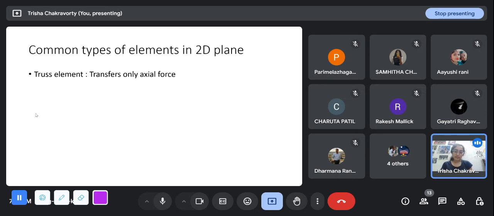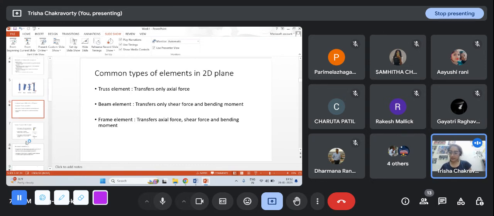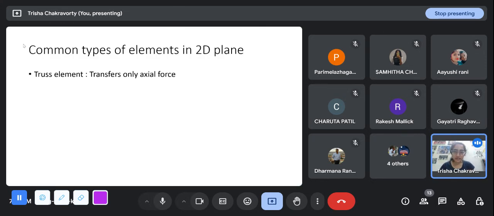For example, a truss element is an element in the 2D plane that transfers only axial force, so it can only undergo tension or compression. It is also called a two force member. If you have seen steel bridges, for example the Howrah Bridge, it is made of trusses, so it is not actually 2D.